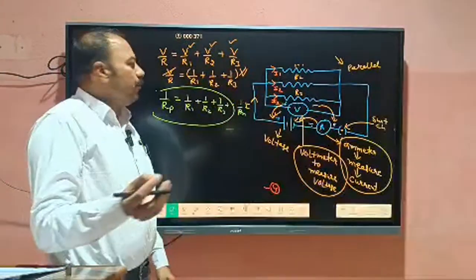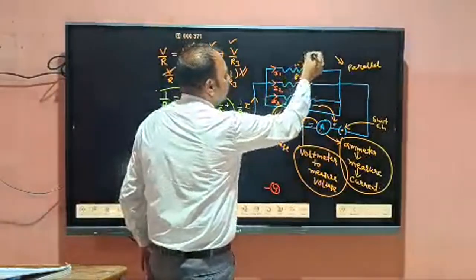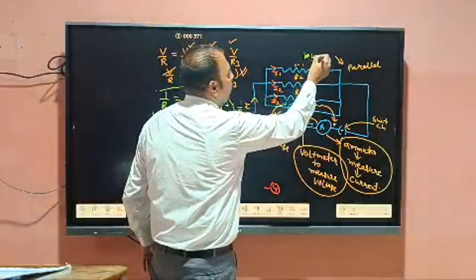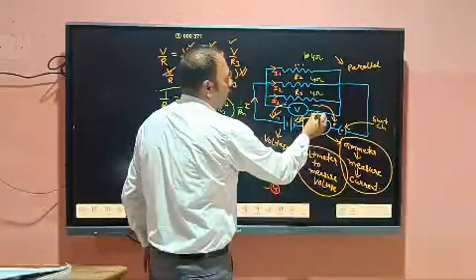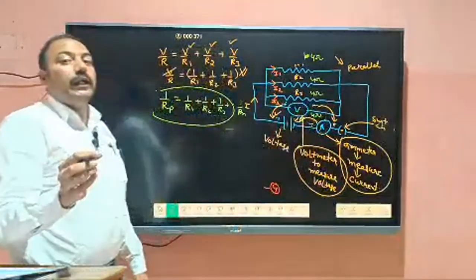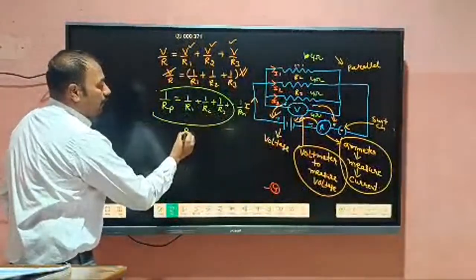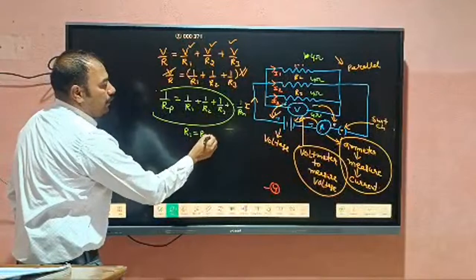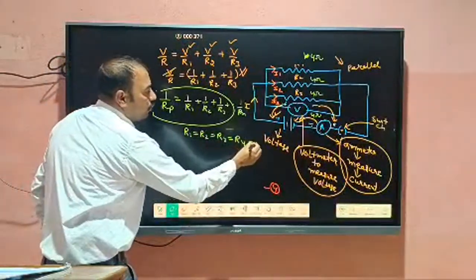Sometimes a simple numerical comes. For example, this value is 10 ohm, and this value is 4 ohm, this also 4 ohm and 4 ohm. So what is the equivalent resistance? Put the values in the formula. R1 is equal to R2 is equal to R3 is equal to R4, which is 4 ohm.